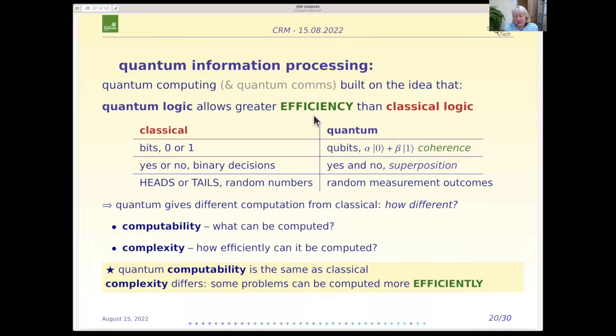So we could make models of lots of different logics, but what's interesting about quantum is that it corresponds to the physical world very nicely, and so we can potentially, at least, actually build these things well enough to compute with them. So that's what makes this one special, is that we think it's physically possible to build these things.